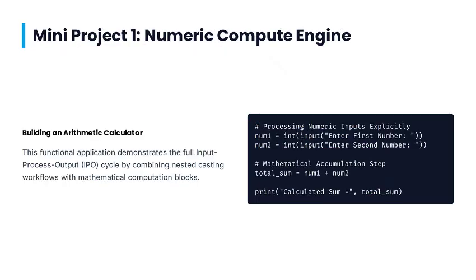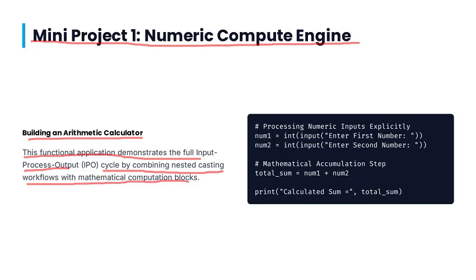So there is mini project one, numeric compute engine, building an arithmetic calculator. This functional application demonstrates the full input, process, output cycle by combining nested casting workflows with a mathematical computational block.